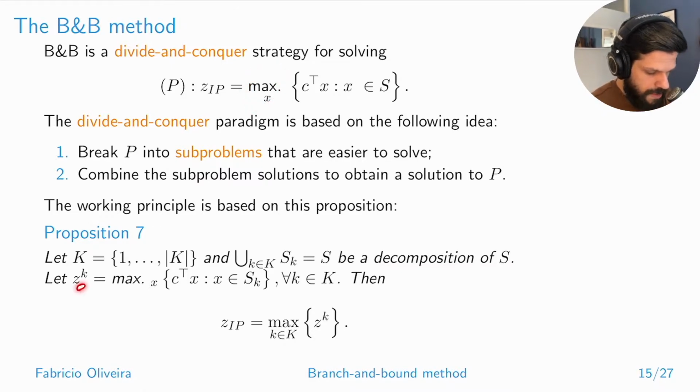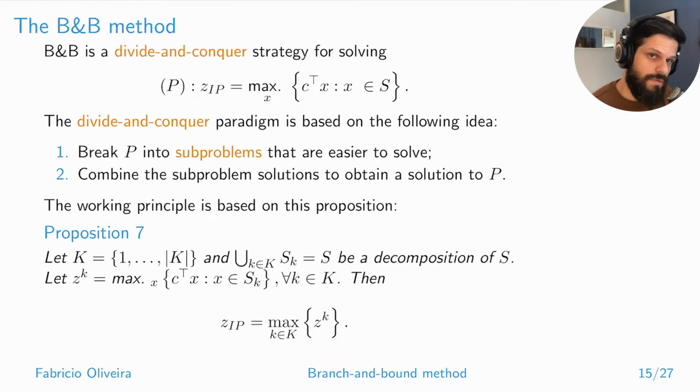So let zk be simply the max for each of these subproblems: the solution we found in S1, the solution we found in S2, and so on. Then the solution for the whole problem is as simple as picking the best one you found. So it can be combined really simply.